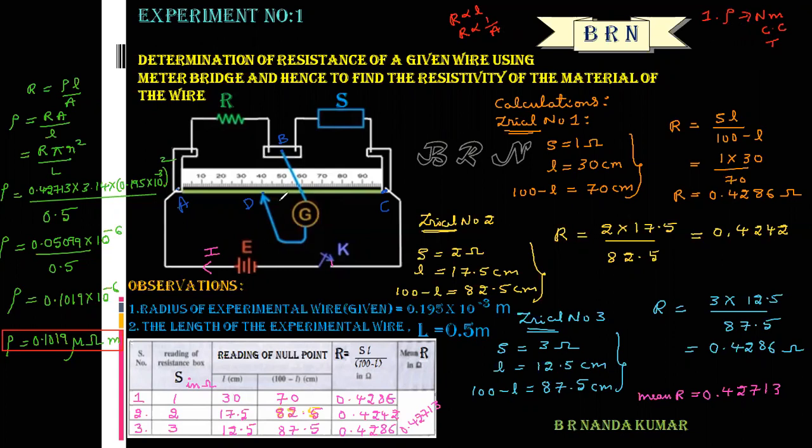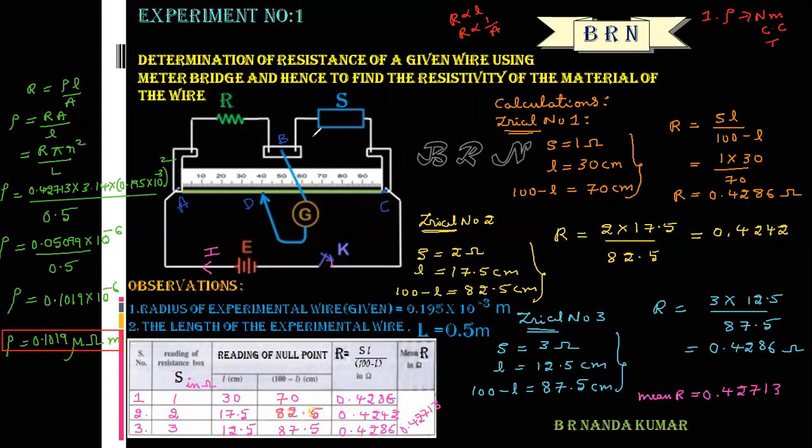Suppose the length of the wire is doubled, what will be its new resistivity? The resistivity will remain the same. Why?